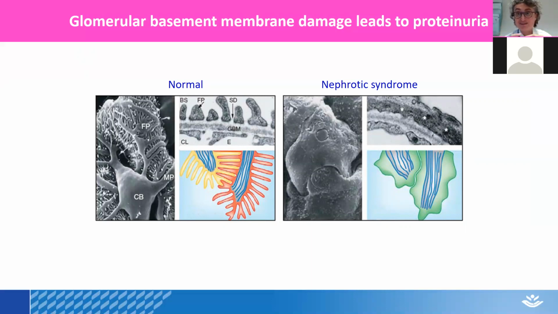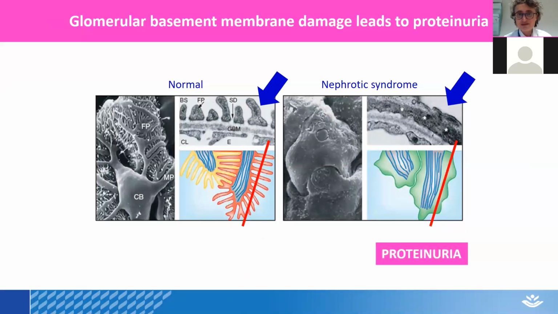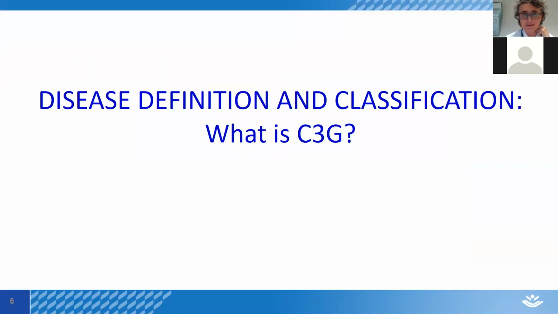The prime example is proteins, different types of proteins. You have leaking of proteins into the urinary space. You lose a lot of proteins, and this is what happens, for example, in nephrotic syndrome. I just wanted to show you what it looks like. You see, this is what happens and how it gets damaged to lead to proteinuria.